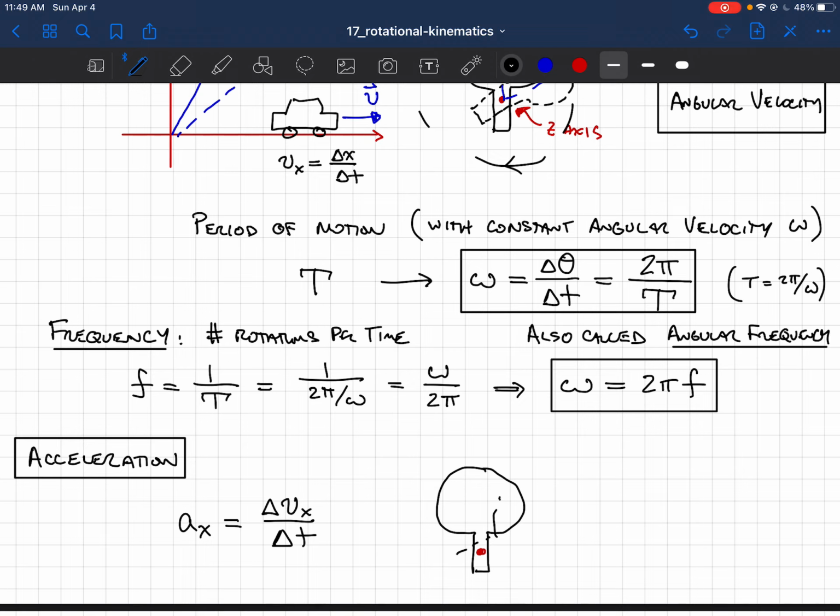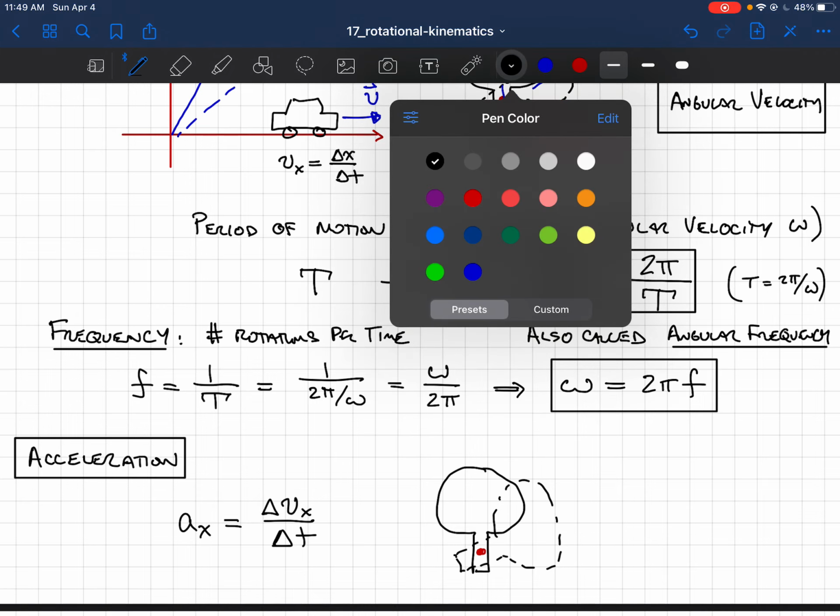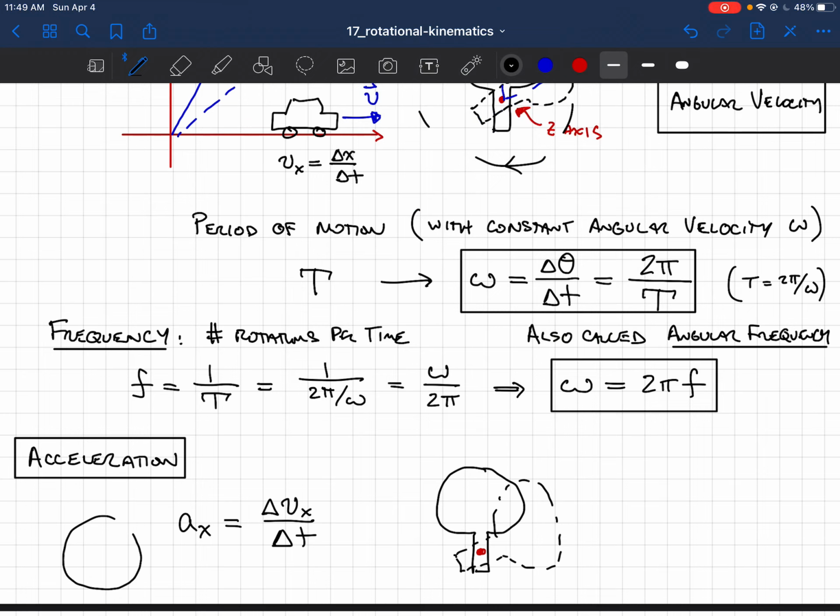At the next moment, it's at this position. And now instead of just drawing the positions, well, what would the picture be for the translational motion? That's like if we have an object that's driving, maybe a car driving on a circle. We have a final velocity, and we have an initial velocity, and acceleration is the change in those velocities divided by the change in time.